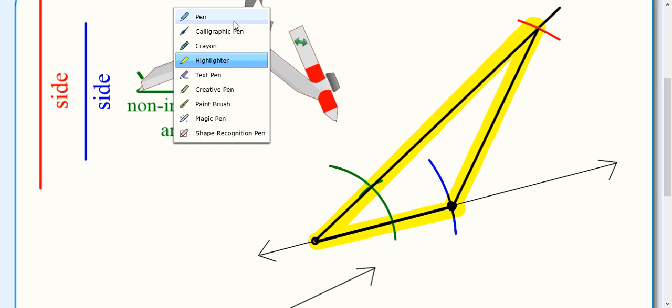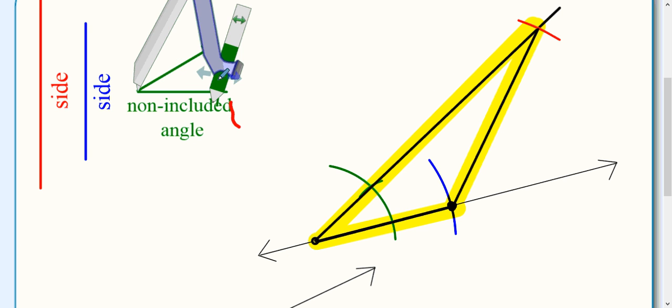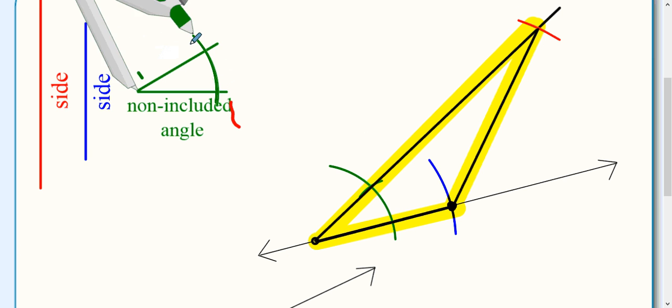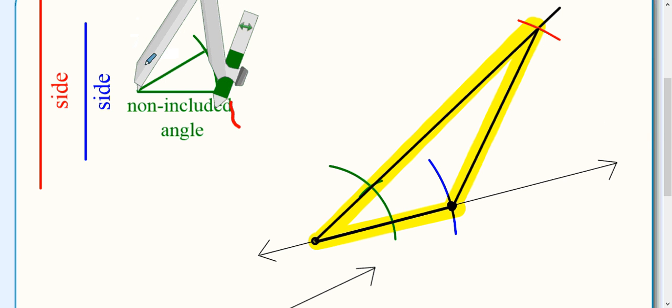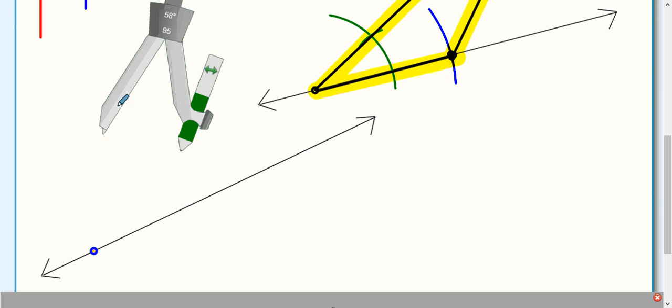Let me go back to green pen. So there's our arc that we made. We're going to copy that down here.